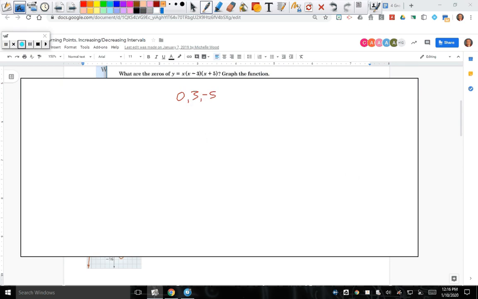And you would lose points because I need to put x equals, okay? And again, this is x equals because these are the values of when it will cross the x-axis. So let me do that in that order. x equals 0, x equals 3, and x equals negative 5.